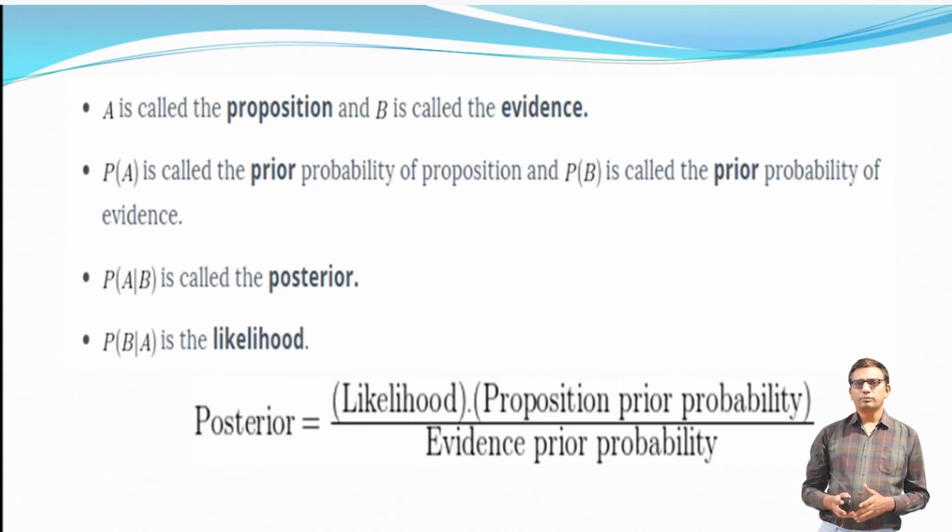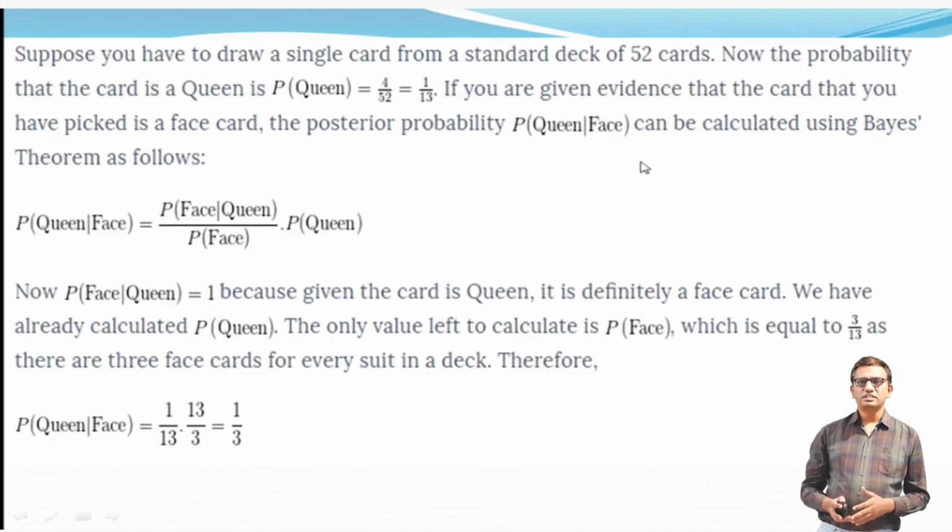So the posterior probability can be written as likelihood into proposition prior probability, upon the evidence prior probability. So that is our concept of the Naive Bayes theorem, and here we understand the concept with this example.